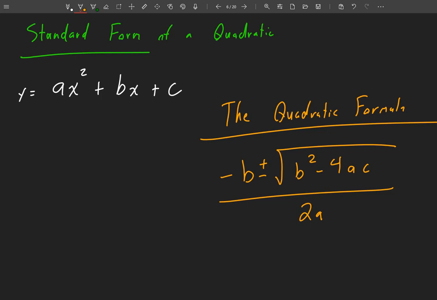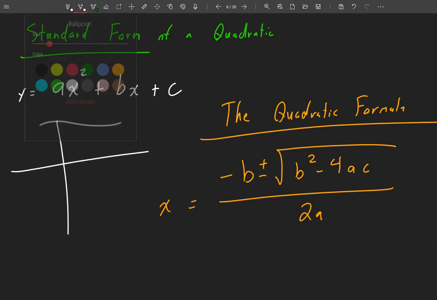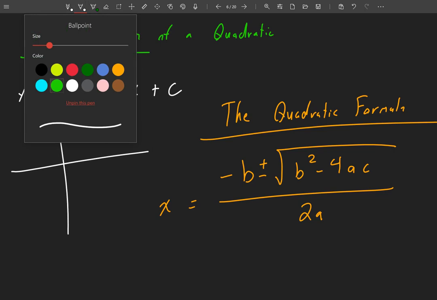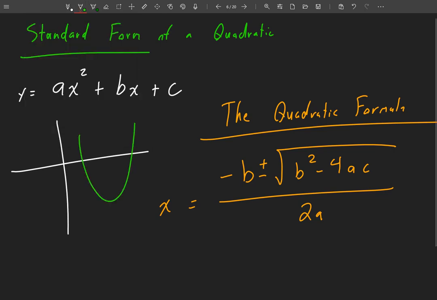This formula is going to give you roots. It's going to give you x-intercepts. We also call them zeros. Let me actually sketch this real quick for you. So if you were to have a quadratic that looks like this, these values right here are roots or x-intercepts.